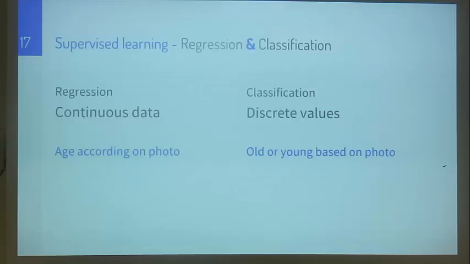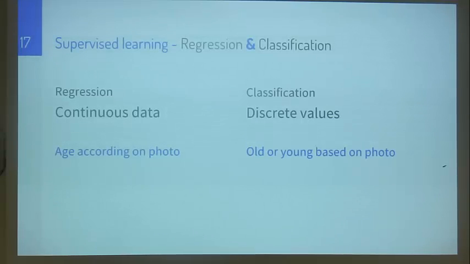Right. So regression and classification can be used in the same machine learning model. Regression is continuous data, classification is discrete values. This is a great example of how you can divide these two. You know that there are mobile apps that can predict your age, right?